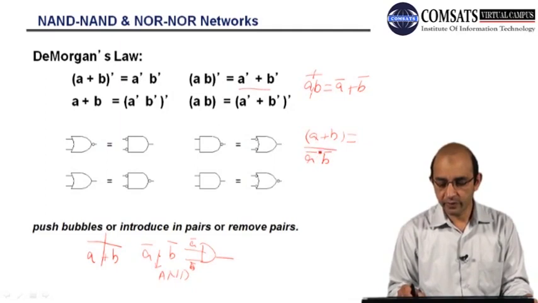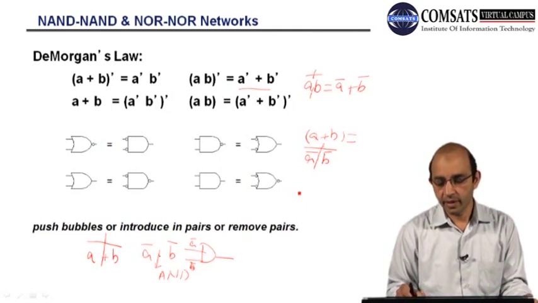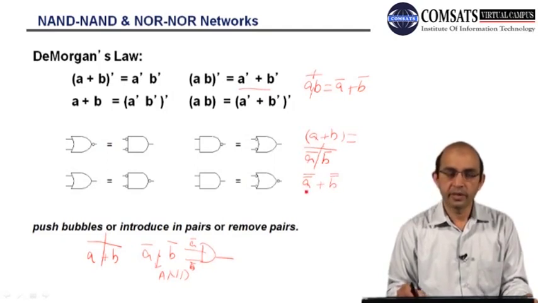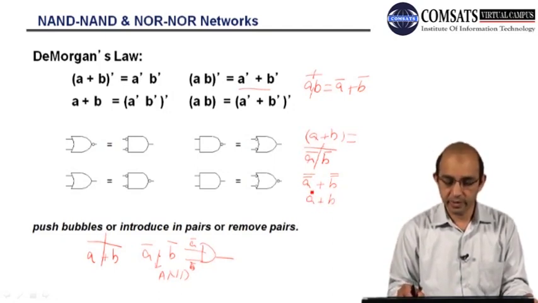Whenever we break this exterior complement, we follow the same principle: break the line, change the sign. So we will have A double bar plus B double bar. The double bars cancel each other, so we are left with A plus B. So this is the equivalent representation.